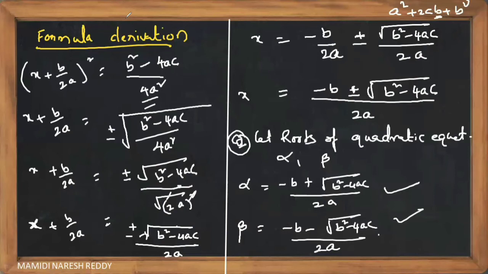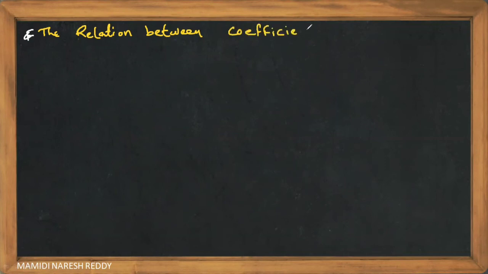Can I rough my board, my dear friends? Exciting, children: the relation between coefficients and roots. So children, we will go a little bit fast.